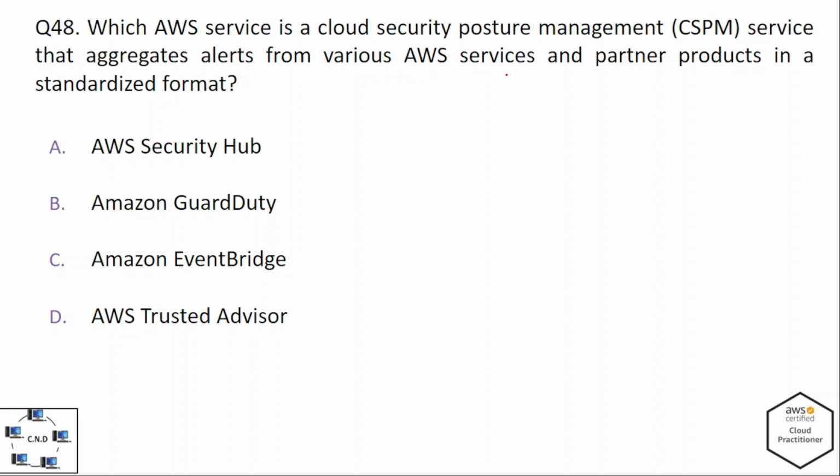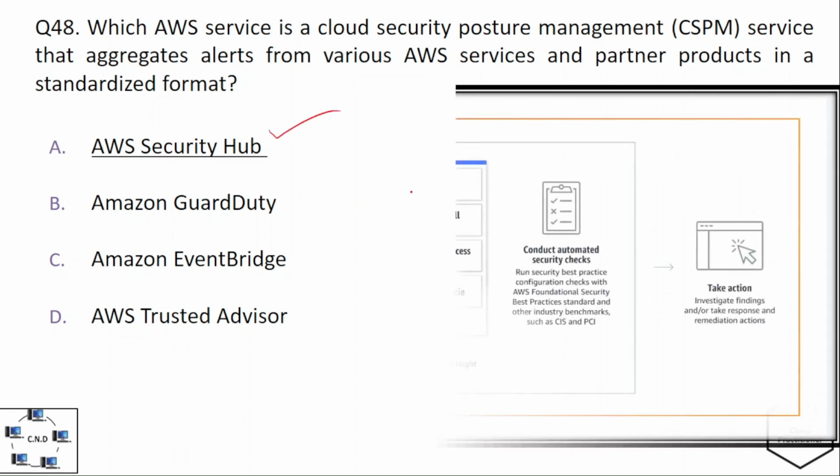Question number 48 is that which AWS service is a cloud security posture management service that aggregates alerts from various AWS services and partner products in a standardized format? And the options are A. AWS Security Hub, B. Amazon GuardDuty, C. Amazon EventBridge, and D. AWS Trusted Advisor. And the correct option is AWS Security Hub.